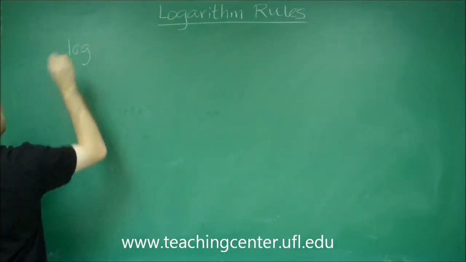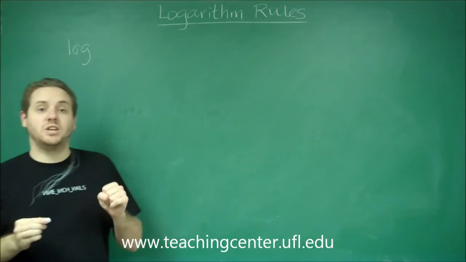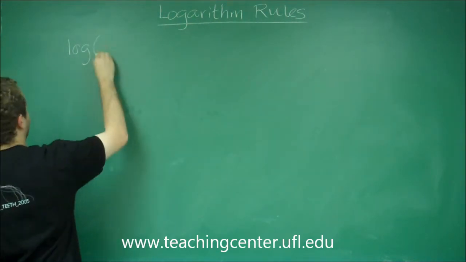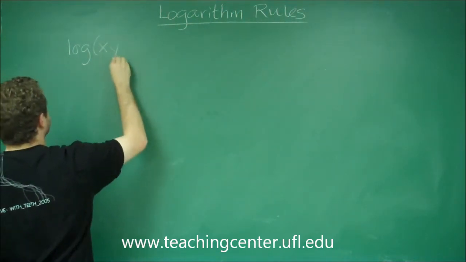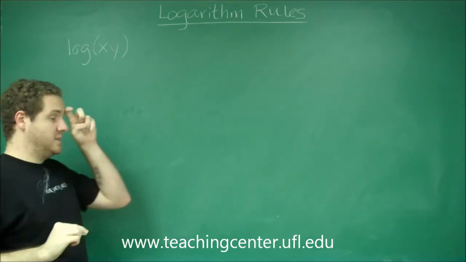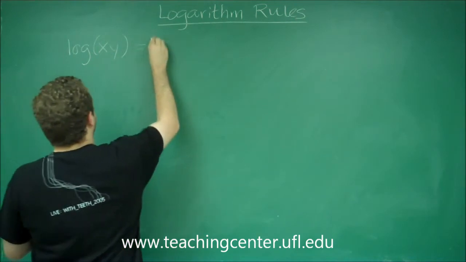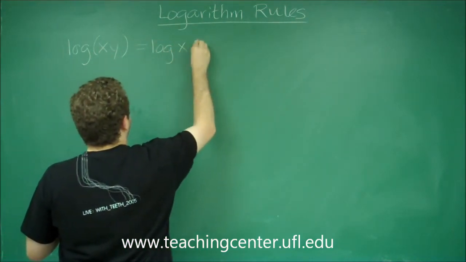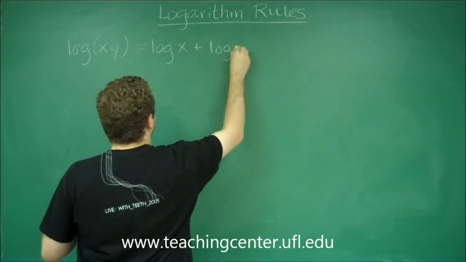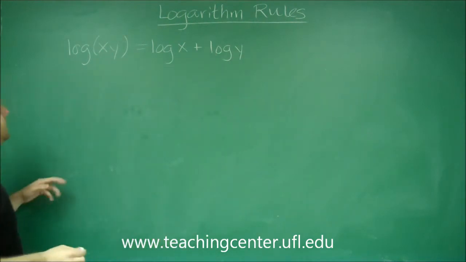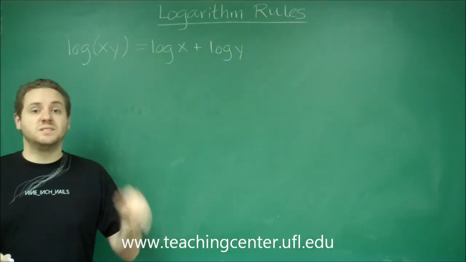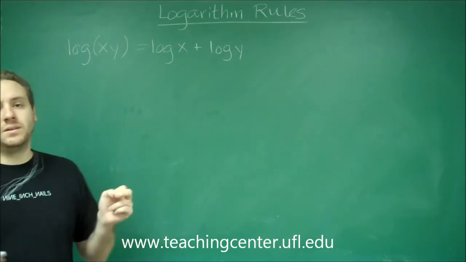So the first two have to do with splitting up multiplication and division. So if you have log of x times y, or x and y, or any two constants, functions, anything like that, you can always split that up into log x plus log y. So again, I'm using log here not to mean specifically log base 10, but any logarithm.